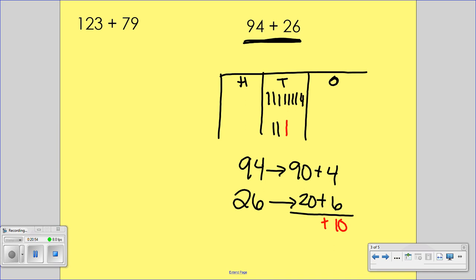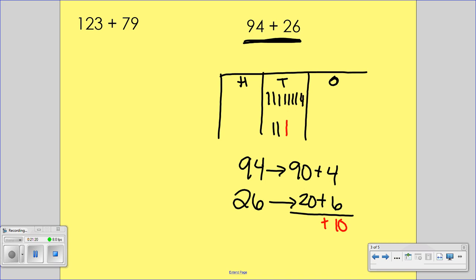Can I make any other trades? Brian, keep messing with your pieces, you'll lose them. Kajir, can I make any other trades? You could trade your 10 for 100. Okay, how many 10s do I need to make that trade? 10.